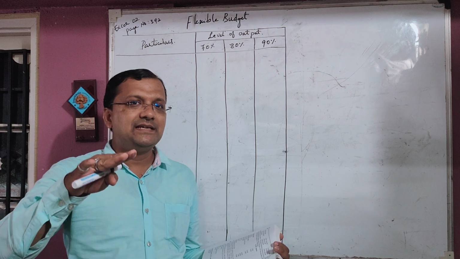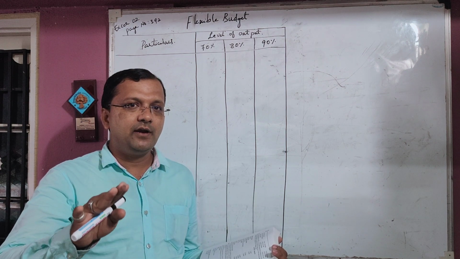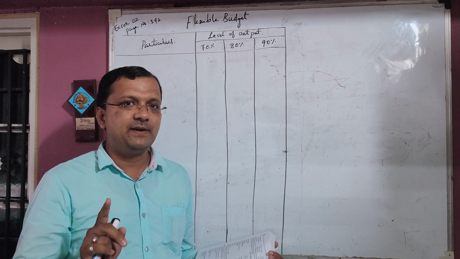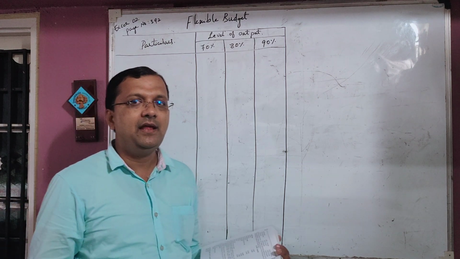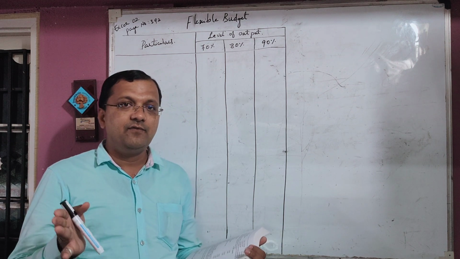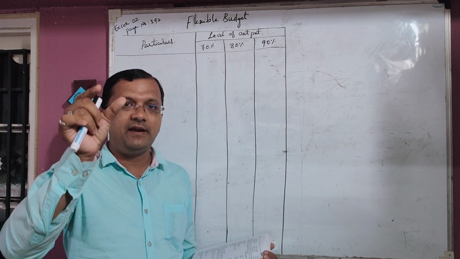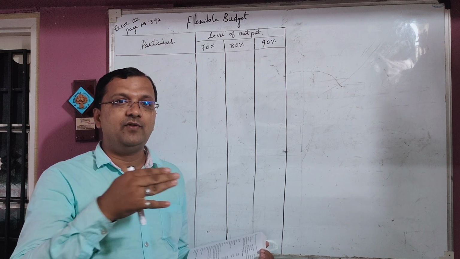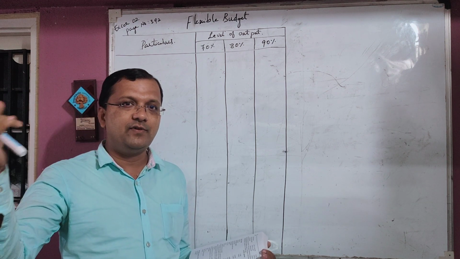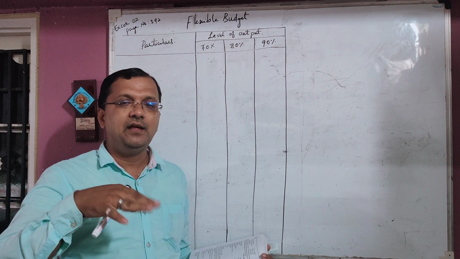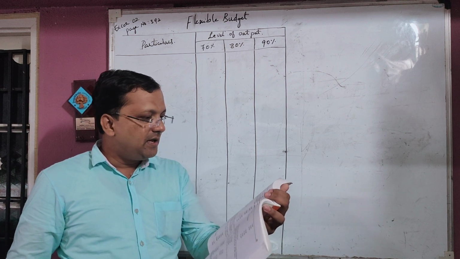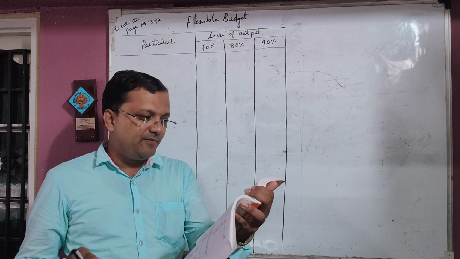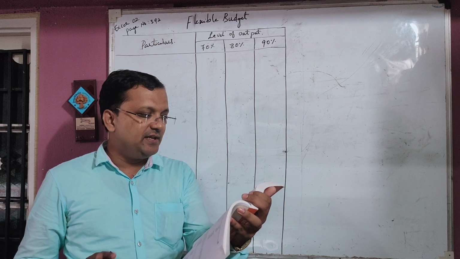If a bifurcation is given in the problem, you should segregate according to that: first fixed expenditure, second semi-variable, last variable expenditure. If nothing is given and common expenditure is given as a list, then you need to bifurcate which goes under the first, second and third heading. Here a separate bifurcation is given: variable overhead, semi-variable overhead, fixed overhead. Three things they have given.